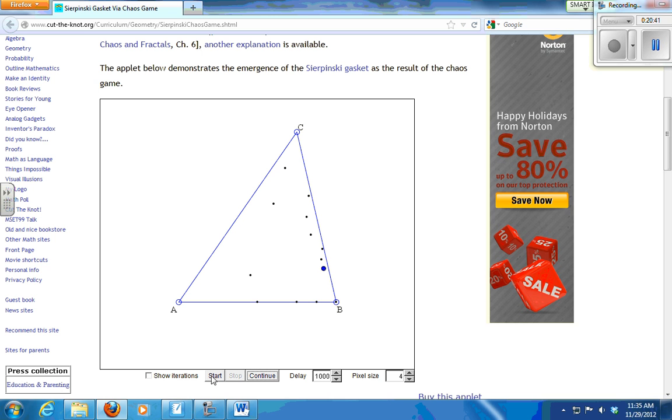And actually, I'm going to show iterations so that you can see it drawing the line, and then the line just disappears after. All right, so this is kind of slow, so I'm going to speed it up a little bit. Yep, so now we're playing the game really fast.